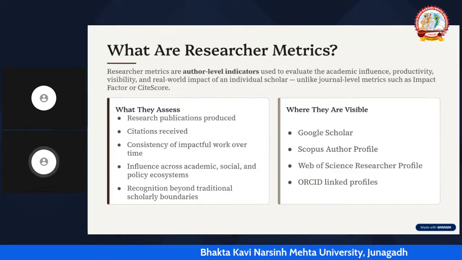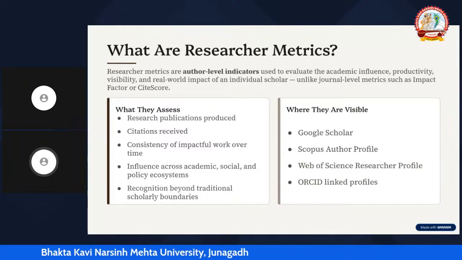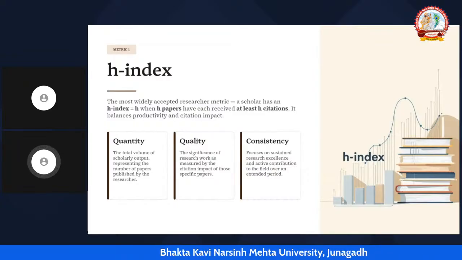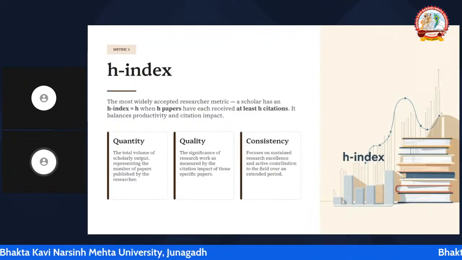So we can identify Google Scholar, Scopus author profile, Web of Science researcher profile, or ORCID profile link. Now we have the H-index that we have already discussed. H-index is used for quantity, quality, and consistency.